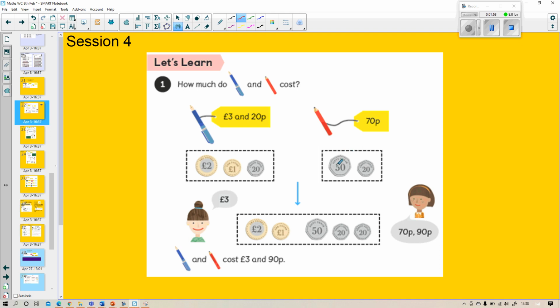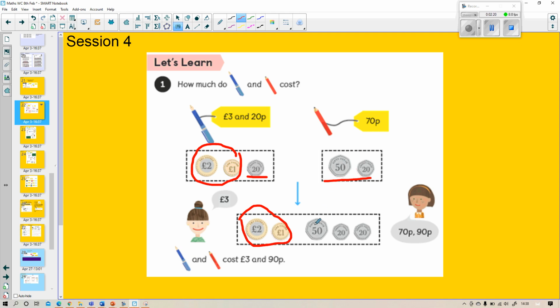Now the easiest thing to do here is to keep our pounds and our pence separate so that we can add them into two totals.